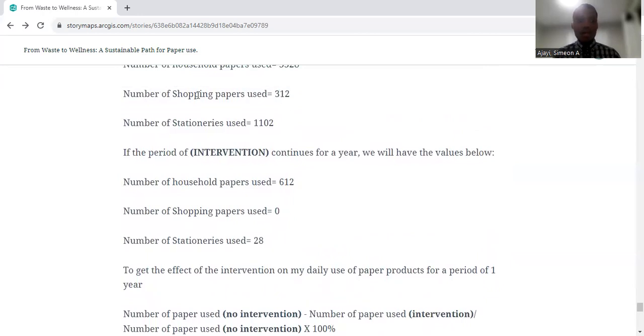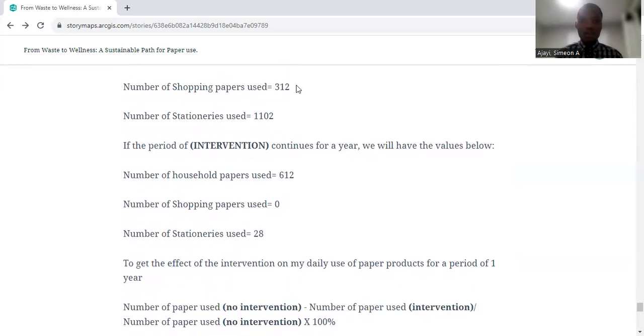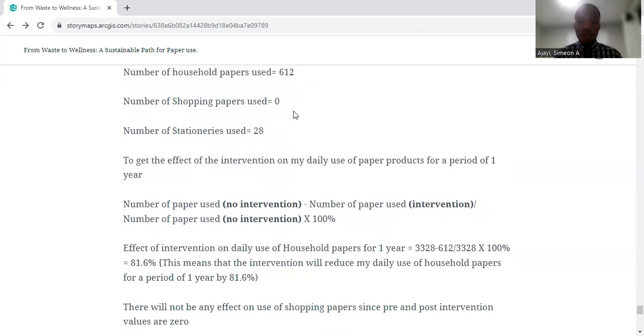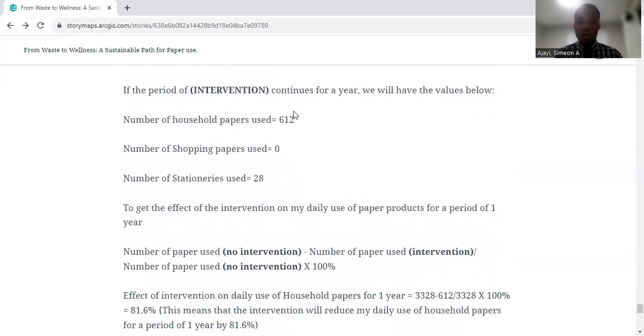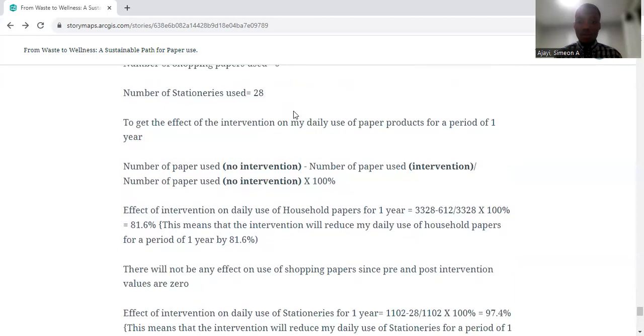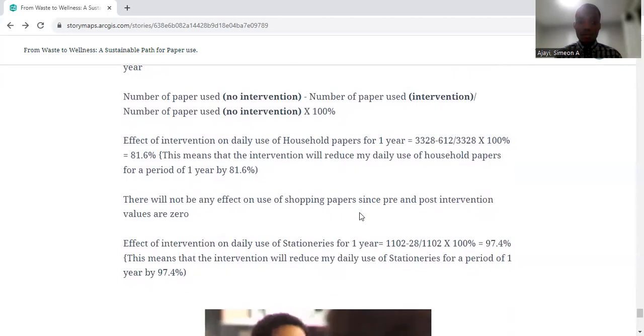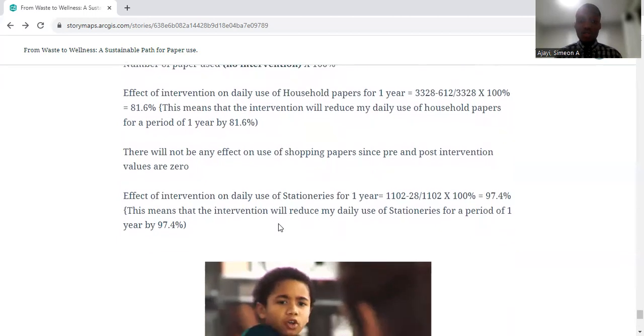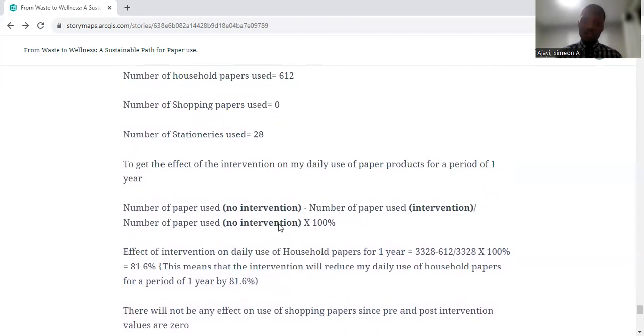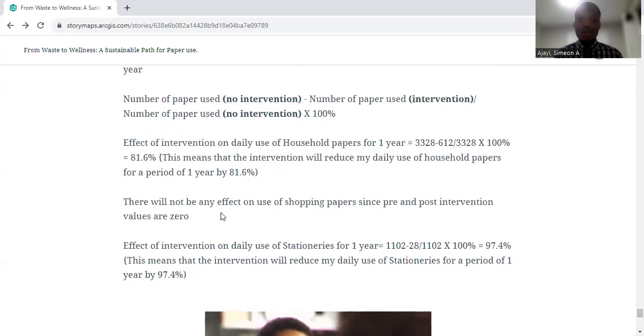Actually, going by this formula, the shopping papers should be 312 minus 0 over 312 times 100%, which means it's 100% reduction. 312 minus 0 is 312, over 312 is 1, times 100%, which means the intervention will reduce my daily use of shopping papers for a period of 1 year by 100%.